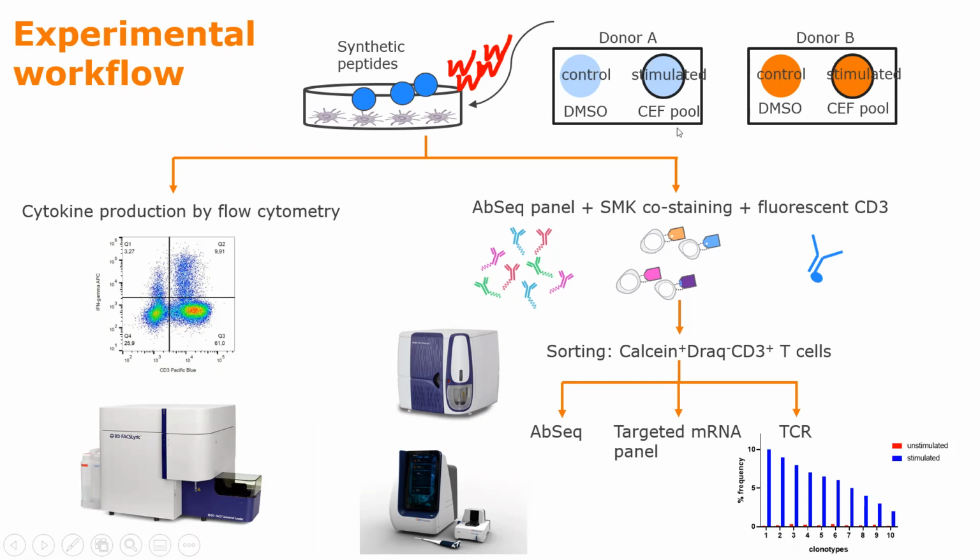We measure cytokine response post-stimulation, and then we stain the cells with our antibody oligo 20-plex Ab-Seq and Sample Tag and the fluorescence CD3 antibody. We sorted the samples for T cells and then captured those T cells using Rhapsody system and proceeded to work through our VDJ workflow.